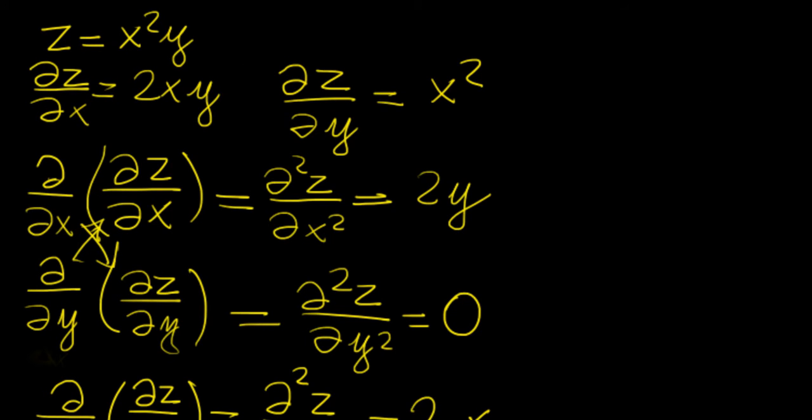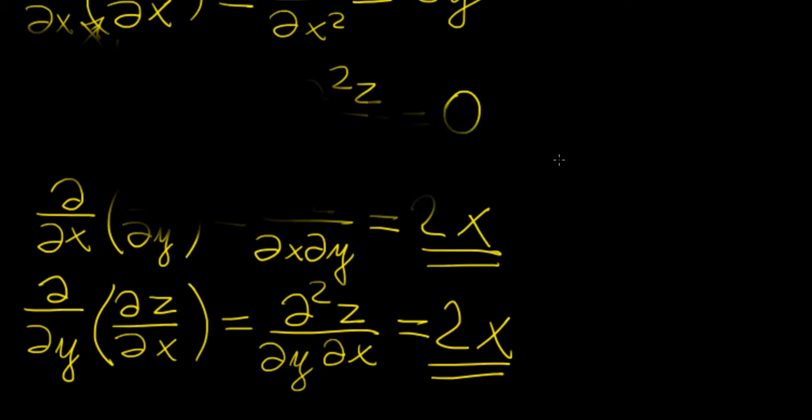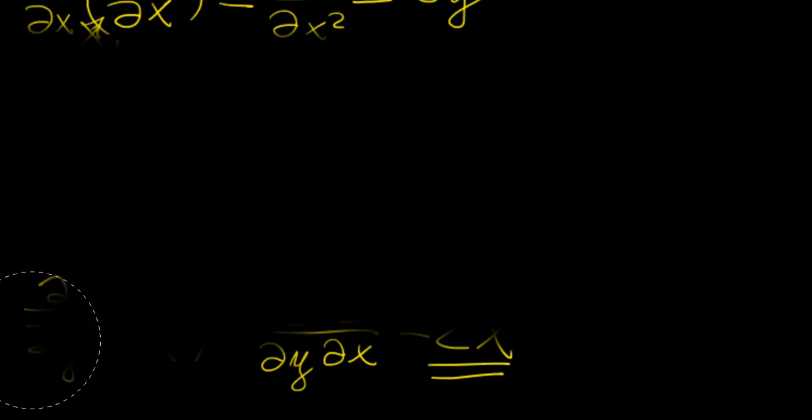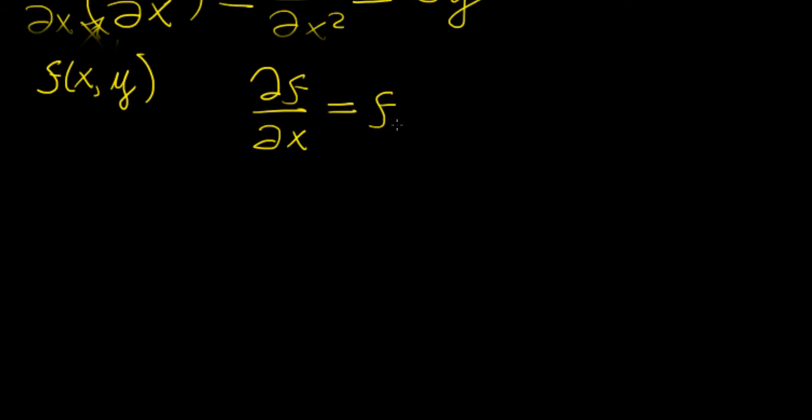And just to conclude this video, I'm going to show you what a different kind of notation is often used here. So let's have the function f of x, y. If we want to find the first derivative with respect to x, we often use this notation, but we can also use the notation as this.